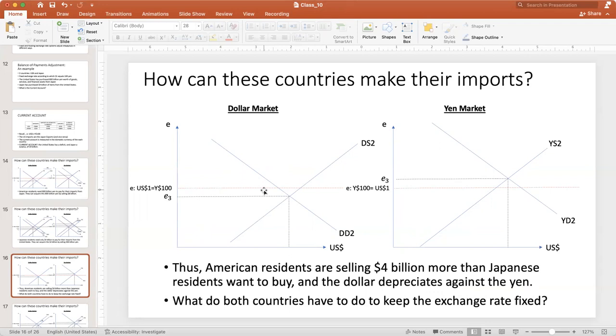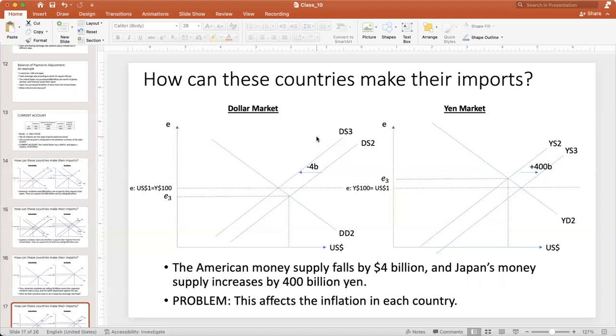So depending on your position after the movements of the market, your monetary authority has to do different things. If we are in the United States and we are facing a depreciation of our money, the monetary authority, which is the Federal Reserve, has to reduce the supply of dollars in the market.